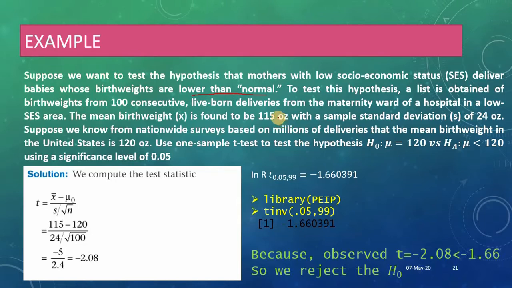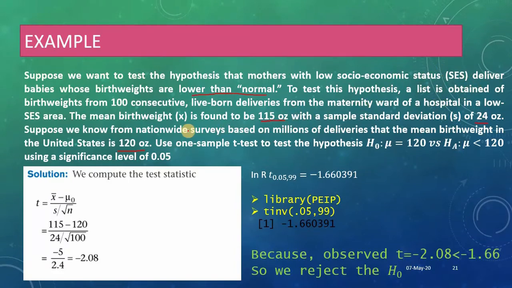The mean birth weight is found to be 115, with a sample standard deviation of 24. We know from the nationwide survey that the population mean birth weight is 120. Now we got 115 from lower socioeconomic mothers.